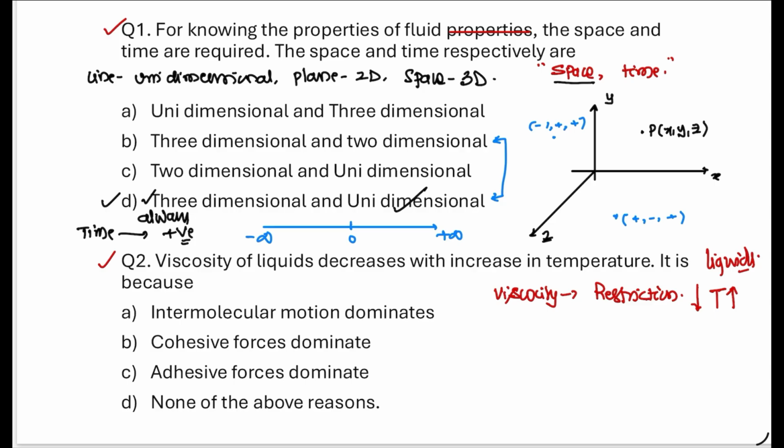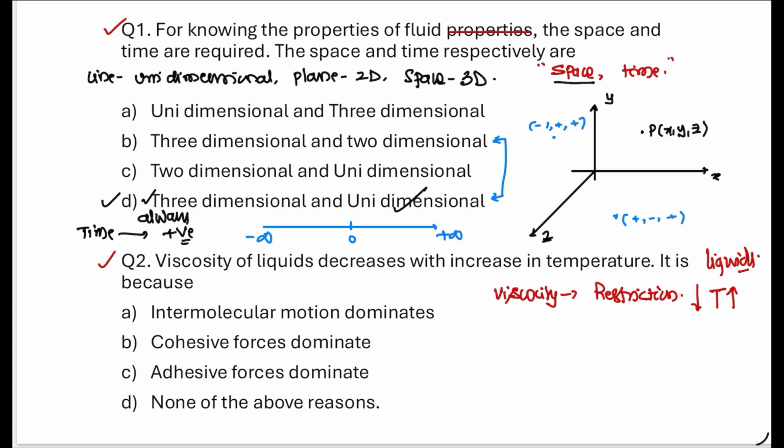You know, all the matter in this world, whether it is a solid, a liquid or a gas, there will be intermolecular motion. With temperature increase, intermolecular motion is also affected.